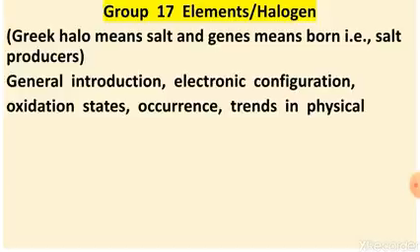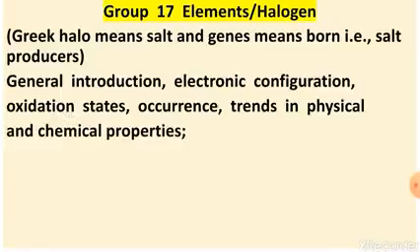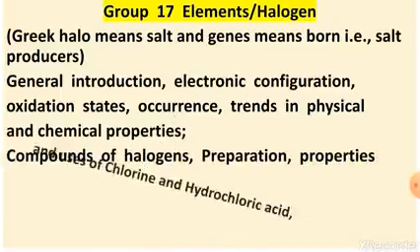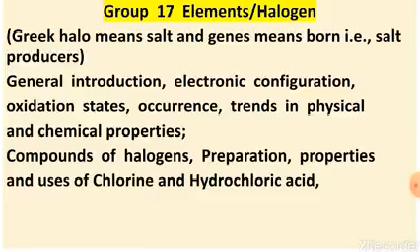In group 17 elements, you have to know about the general introduction, electronic configuration, oxidation state, that is basically -1, +1 to +7, occurrence, trends in physical and chemical properties, then compounds of halogen, preparation, properties and usage of chlorine and hydrochloric acid, that is HCl.